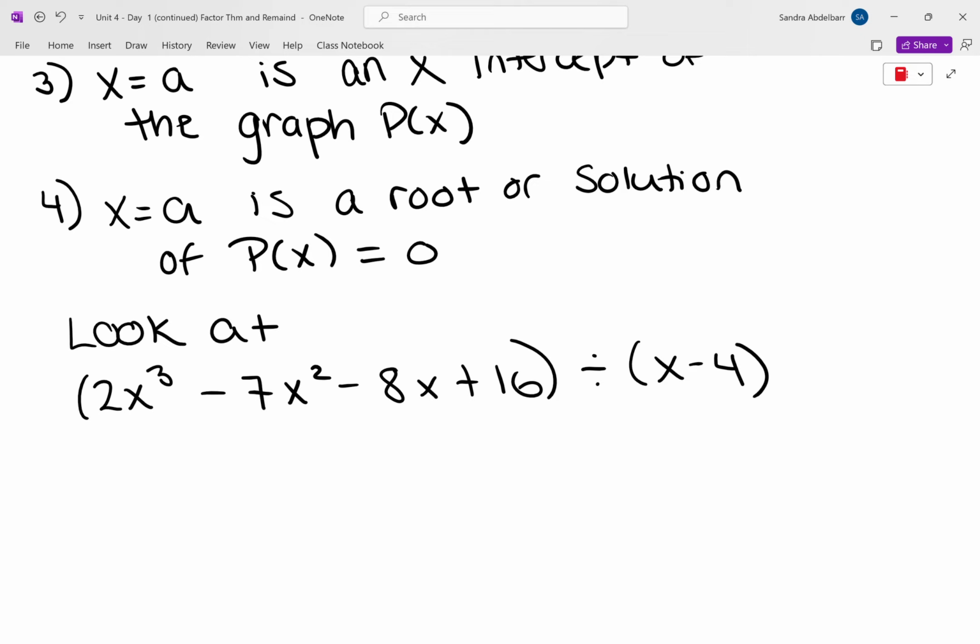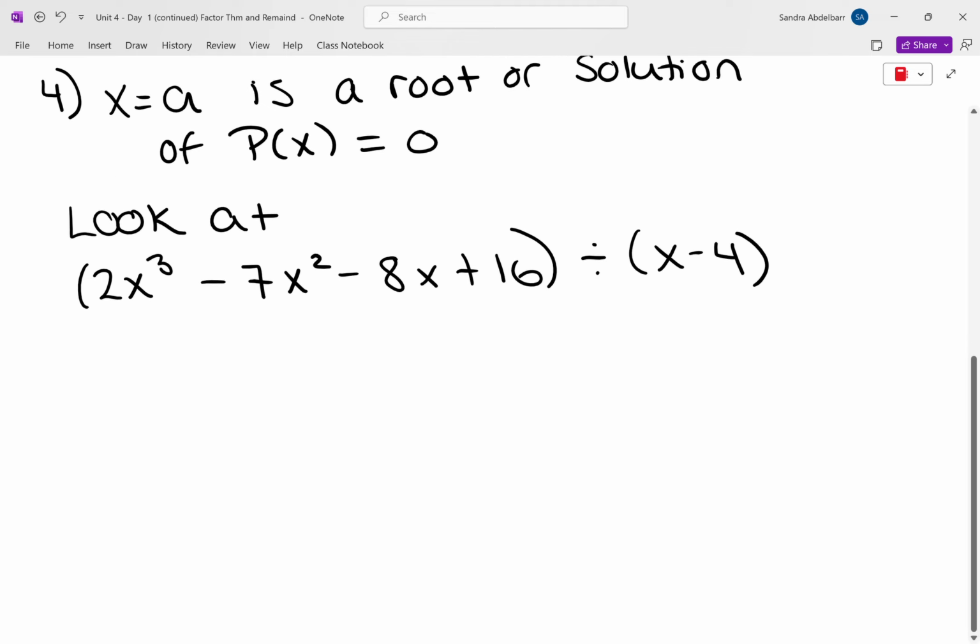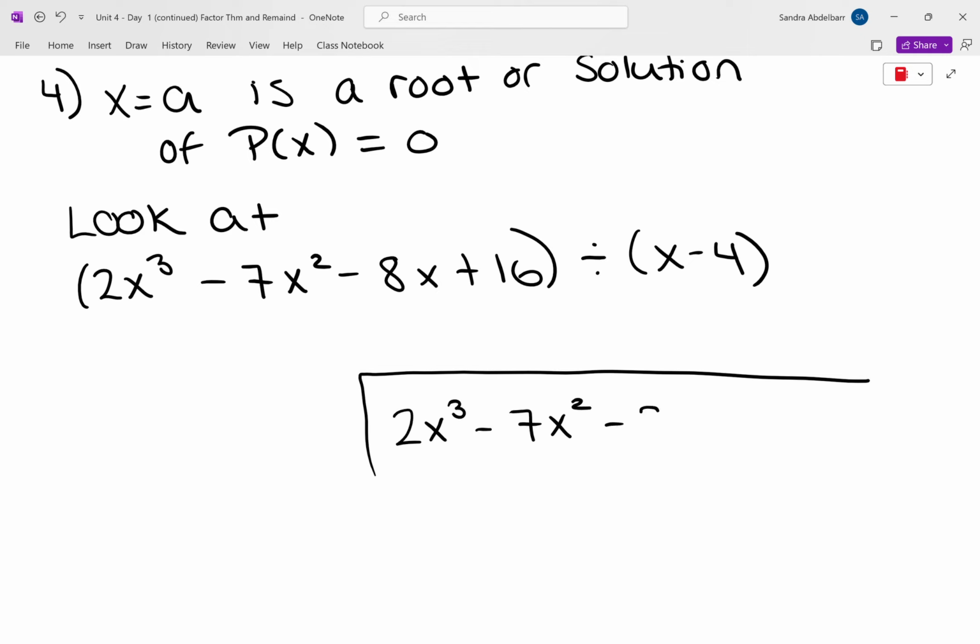Just as a refresher, I'm going to divide this both ways, long division and synthetic division. Let's do the long division first. Remember, for long division, whatever's getting divided goes on the inside. So we have 2x to the third minus 7x squared minus 8x plus 16, and we're going to divide that by x minus 4.